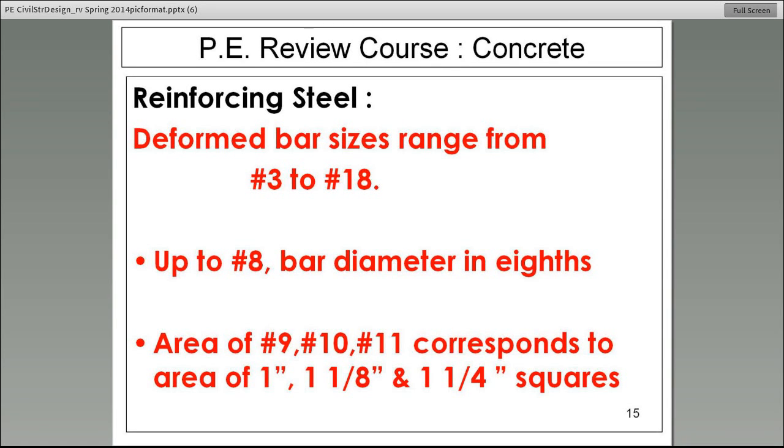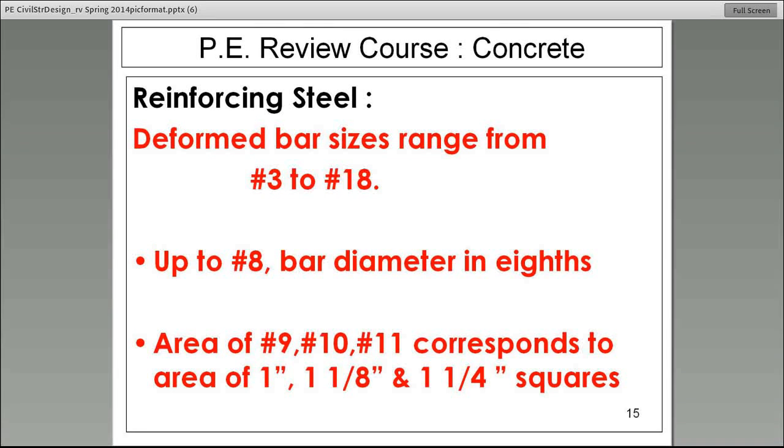Concrete is a very, very strong material in compression. When concrete is placed in compression, it can withstand large stresses and carry large loads. But concrete is rather weak in tension.